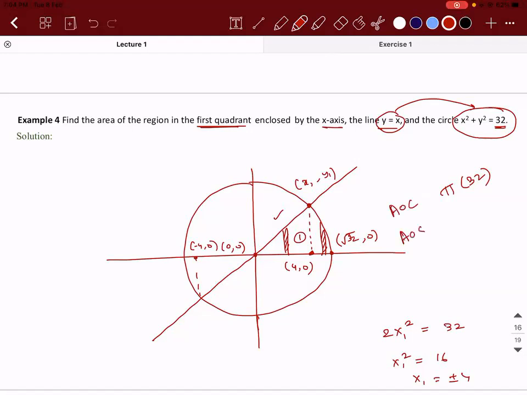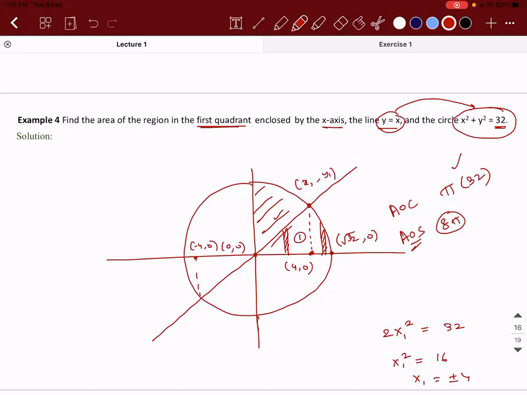So what is the area of the first sector? This sector is how much? It is 1/4 of it, right? So it will be 8 pi. Correct? Did you understand what I meant? So total area of the circle is 32 pi. So area of the circle in first quadrant is 8 pi.